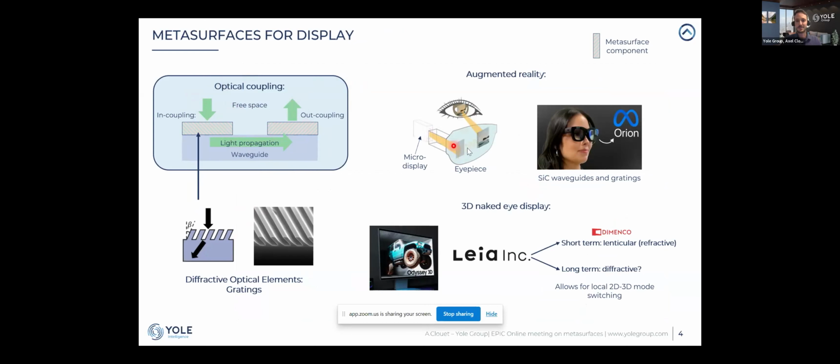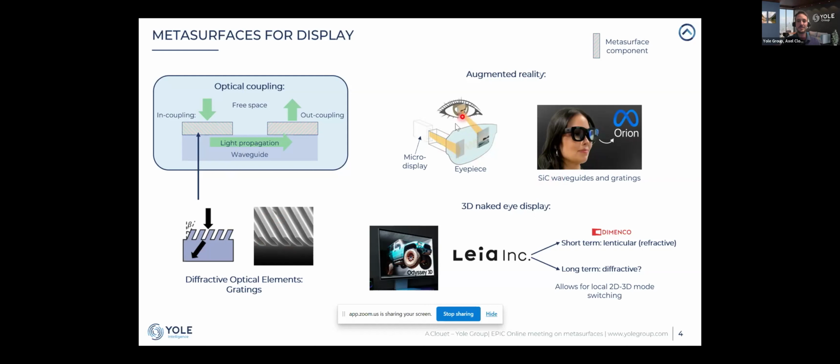The goal is to bring the light from the micro display engine to the user's eye. Most of the AR glasses presented at the moment use this kind of diffractive gratings. This is the case, for example, of the Orion Meta prototype, which is based on silicon carbide waveguide and gratings.